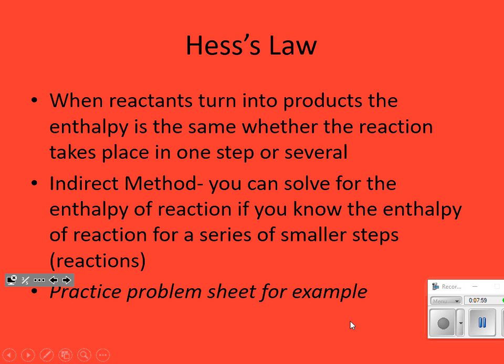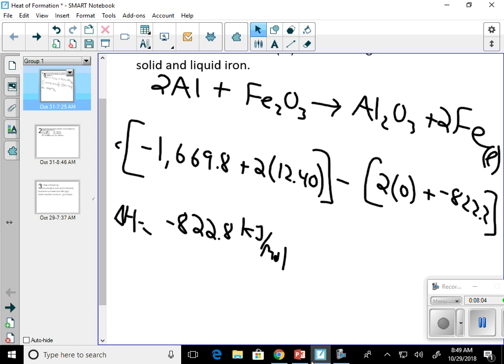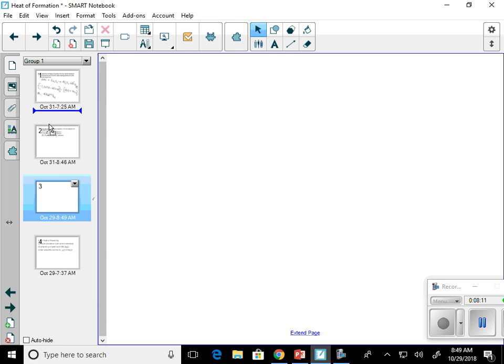Before I move into this problem, I want to remind you of something that to me is kind of analogous to Hess's law that we're about to do.